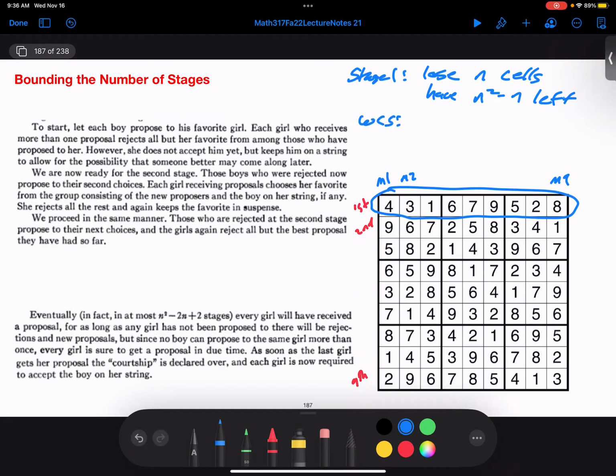Worst case scenario, 1 stage for each remaining. Then the total would be 1 plus n squared minus n, or n squared minus n plus 1. Right, because the first stage was 1 stage, and we got rid of n cells, and then the worst case for everything else.